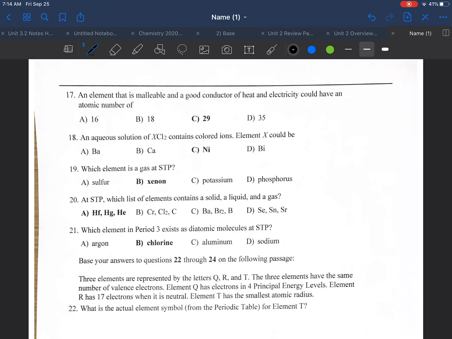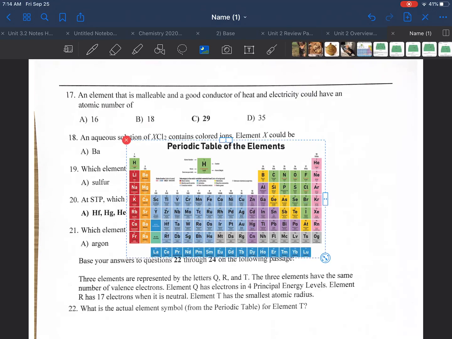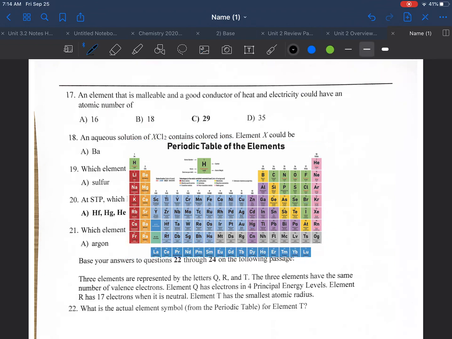17. An element that's malleable and a good conductor of heat and electricity could have an atomic number of... so we pull that periodic table back. And so if we are looking at it, we find these elements. So we're looking at 16 is sulfur, 18 is argon, 29 is copper, and then 35 is bromine.